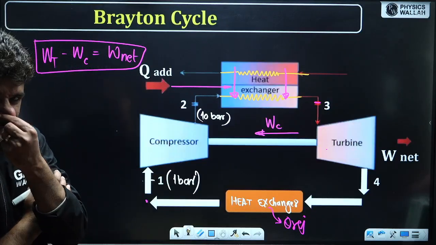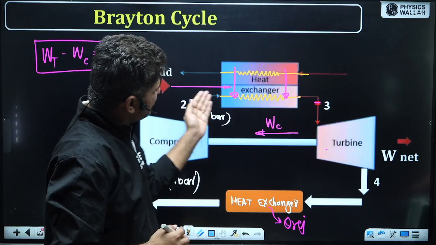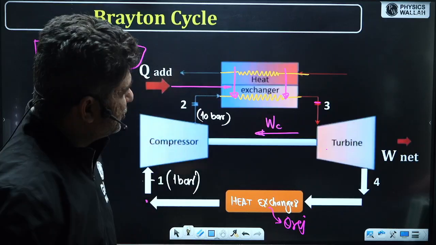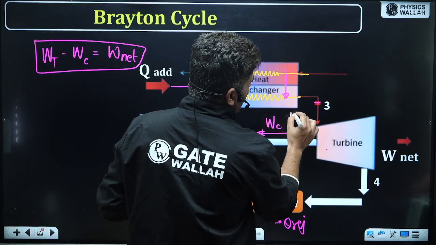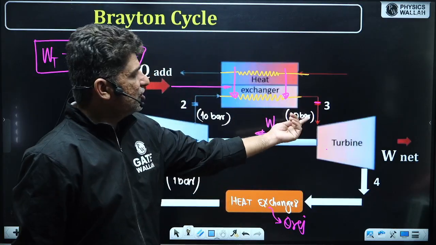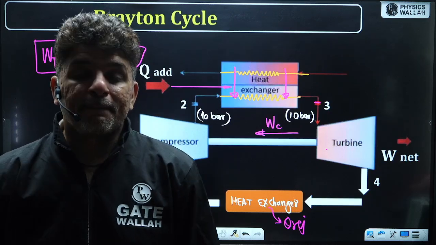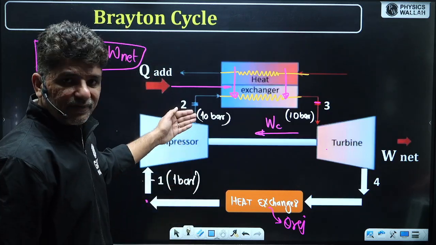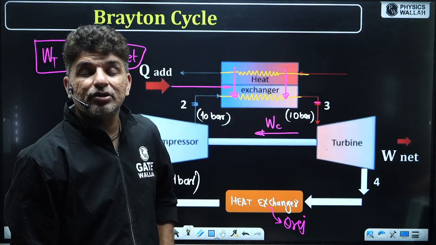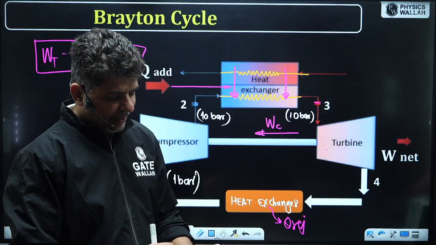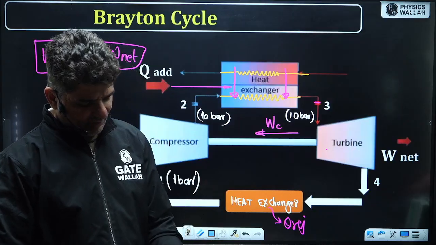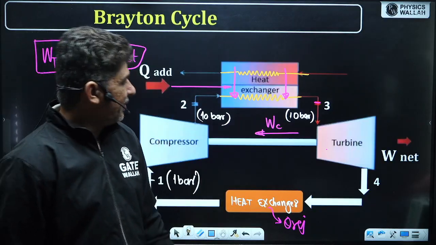Now heat exchange happens. When heat exchange happens, the process is constant pressure. So the pressure remains constant, and the pressure at the exit of the heat exchanger is also 10 bar. So at the exit of the compressor it is 10 bar, at the exit of the heat exchanger it is also 10 bar, or at the entry of the turbine it is 10 bar.